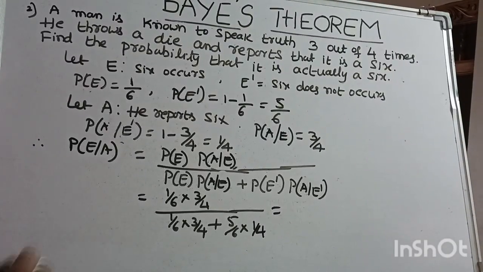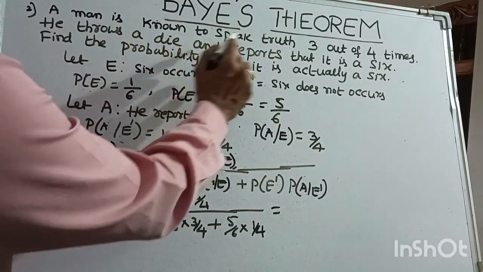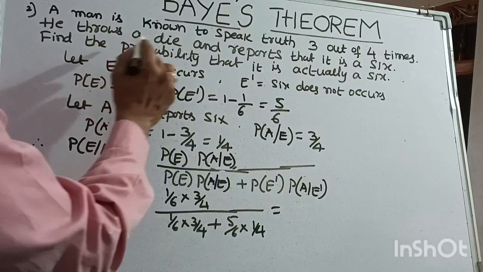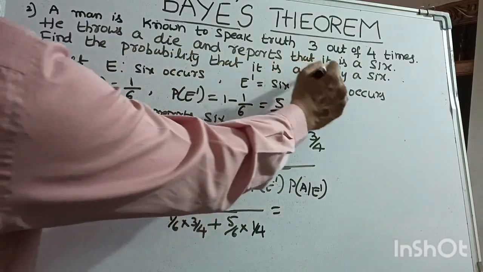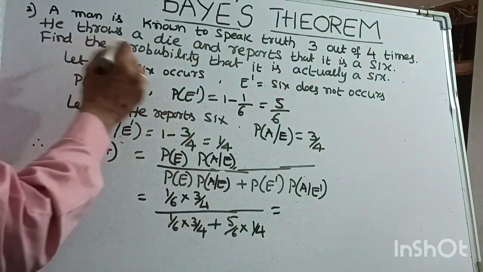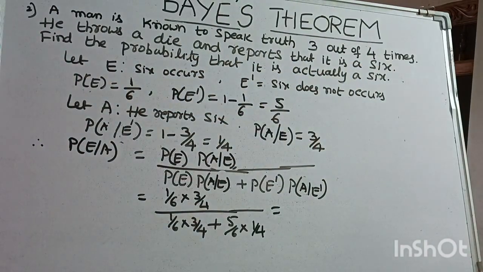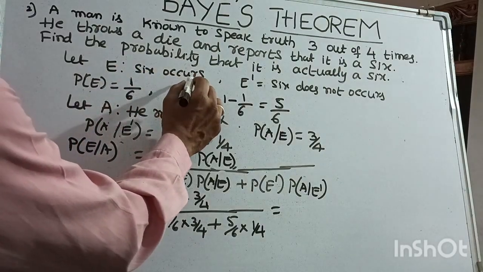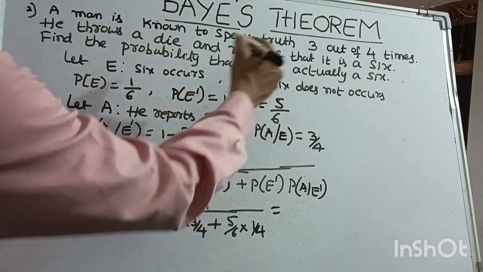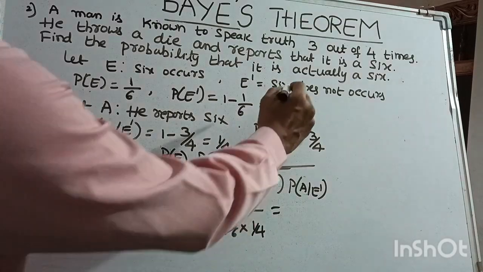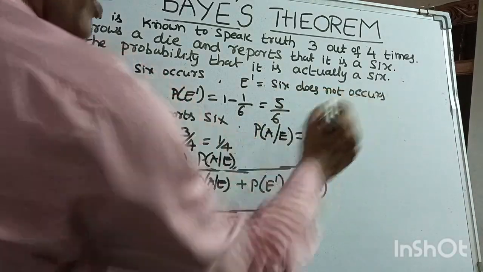Next problem. A man is known to speak truth 3 out of 4 times. He throws a die and reports that it is a 6. Find the probability that it is actually a 6. So here, take the event E: 6 occurs, and the complement E dash: 6 does not occur.